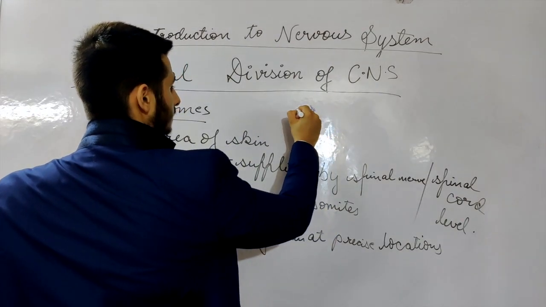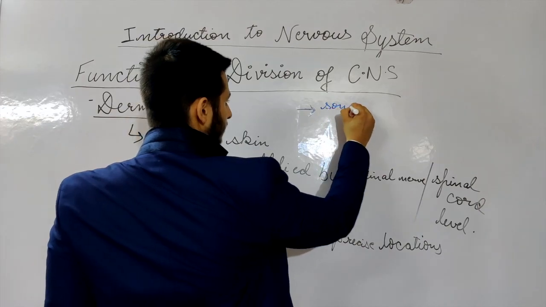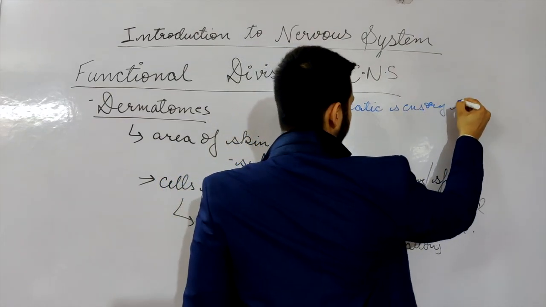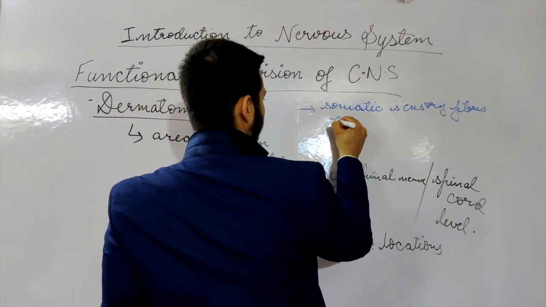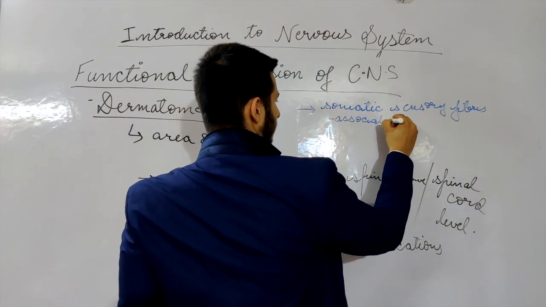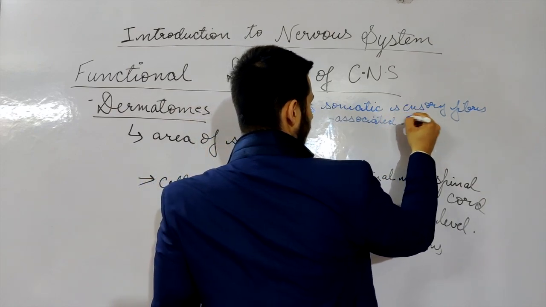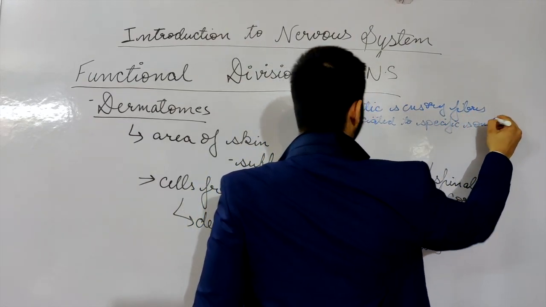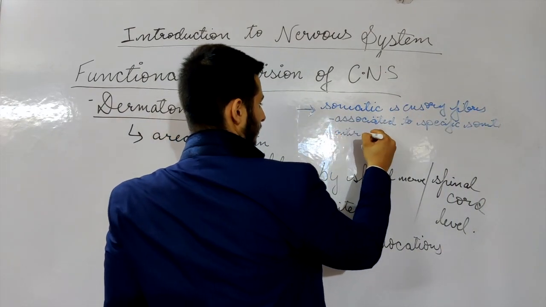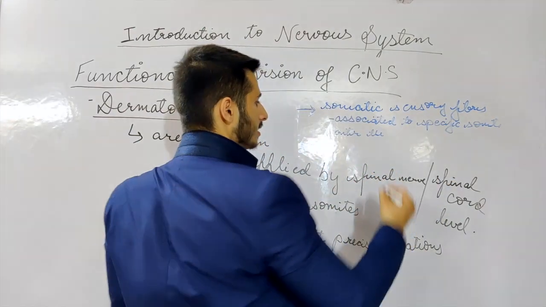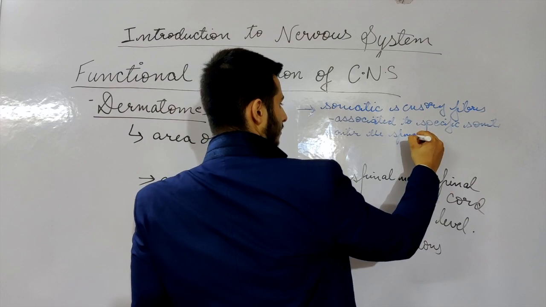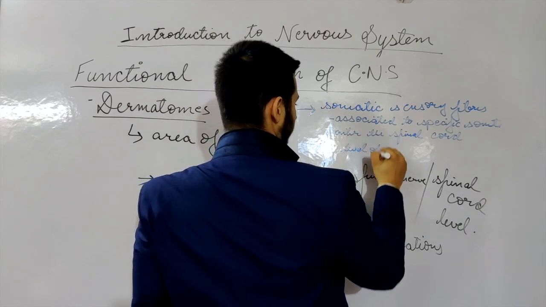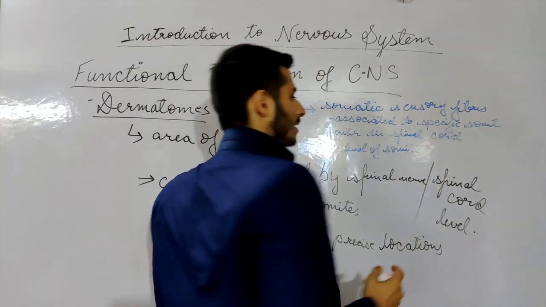So the somatic sensory fibers associated with a specific somite enter the spinal cord at the level of that somite, and become a part of the spinal nerve.